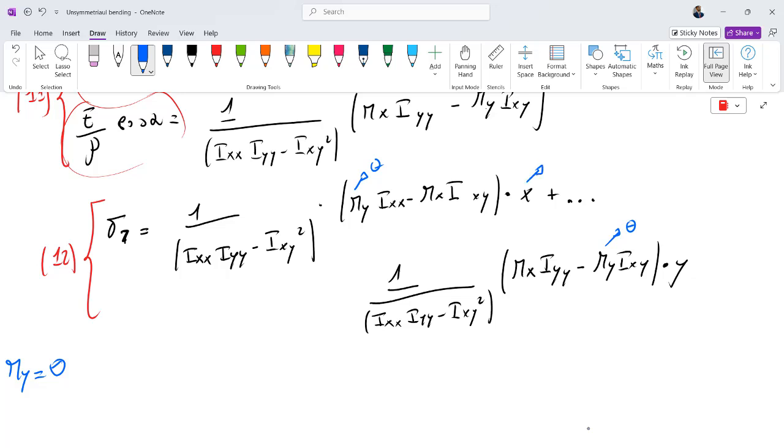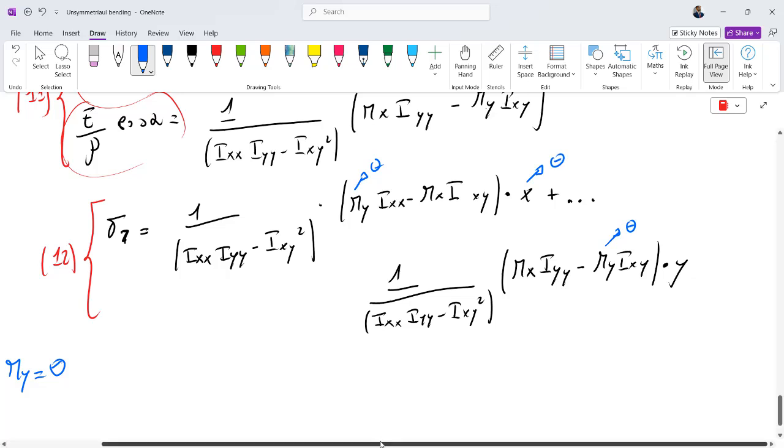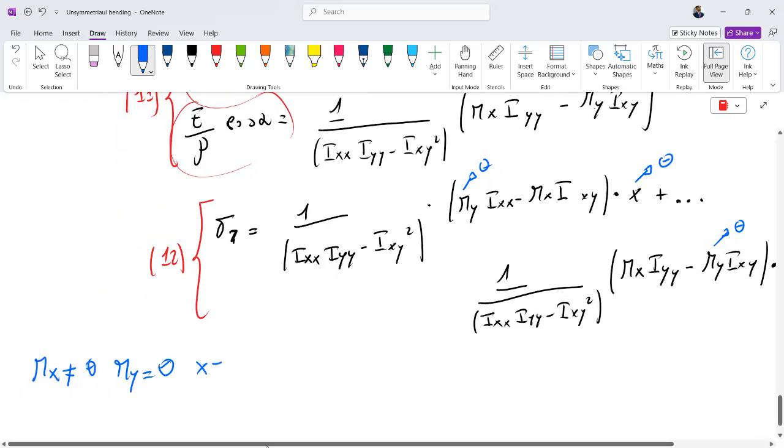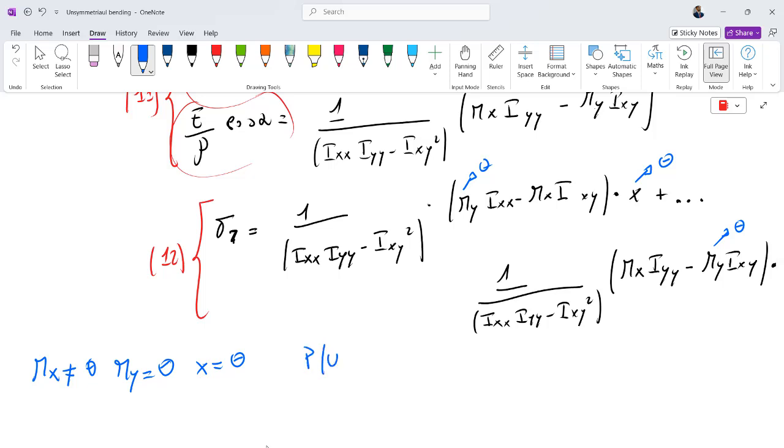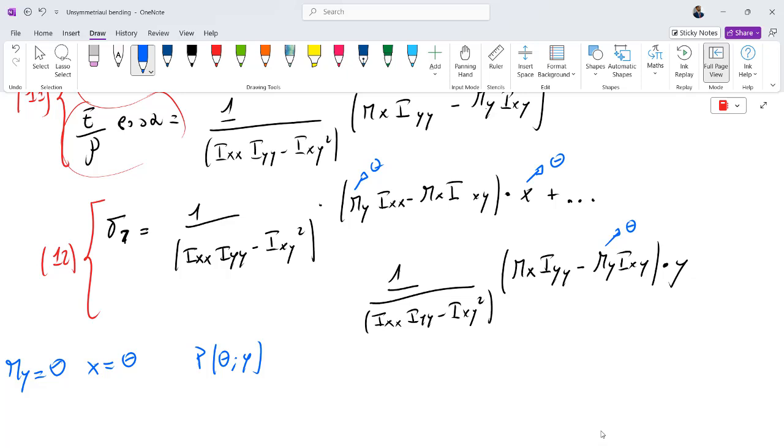So also x is equal to 0. So another consideration to make is that x is equal to 0. We have a simple point 0, y. Okay, so all the first quantity here is identically equal to 0. We also obtain this quantity.